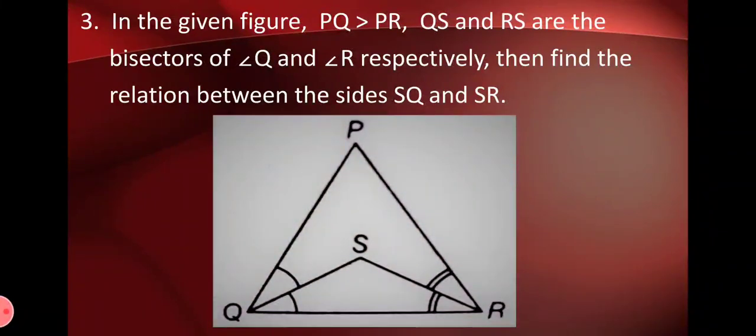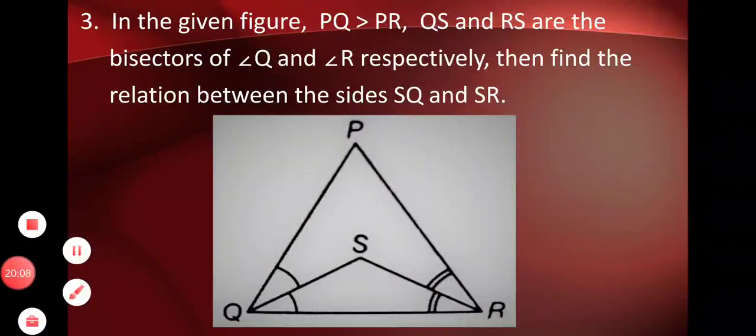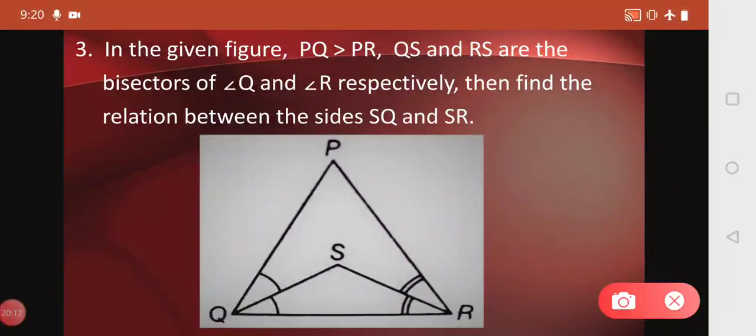It is given that in triangle PQR, PQ is greater than PR, and QS and RS are the bisectors of angle Q and angle R respectively. You can see QS is the bisector of angle Q. Similarly, RS is the bisector of angle R. We have to find the relation between these two sides, that is SQ and SR.